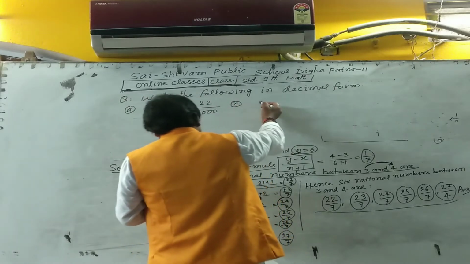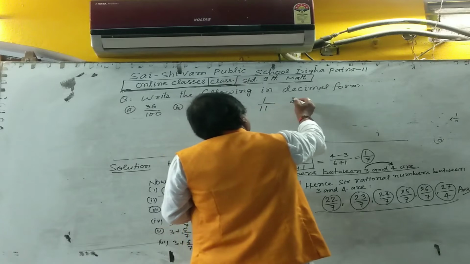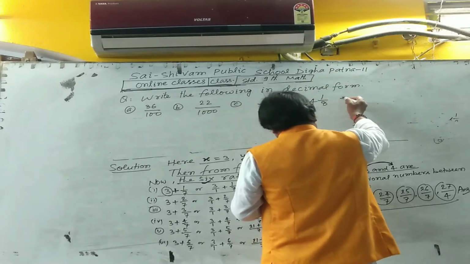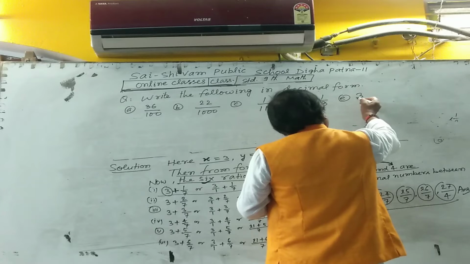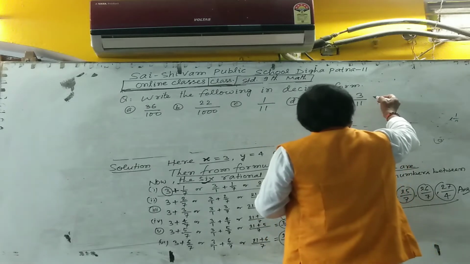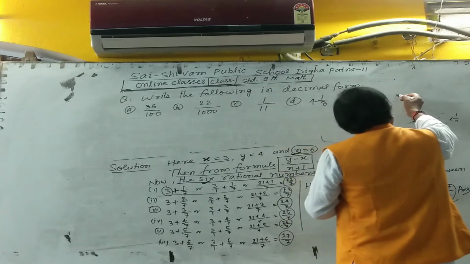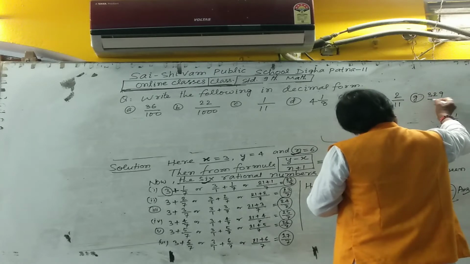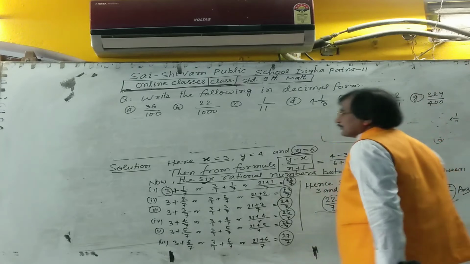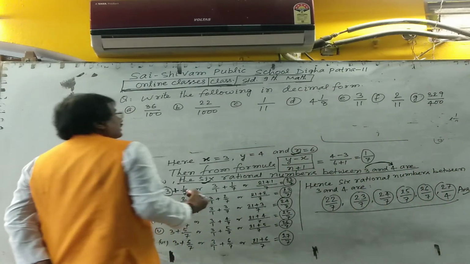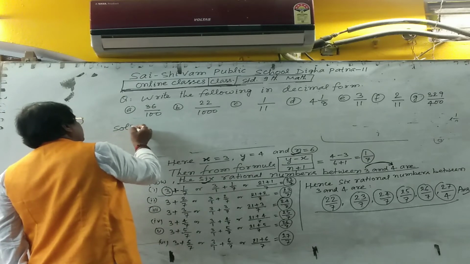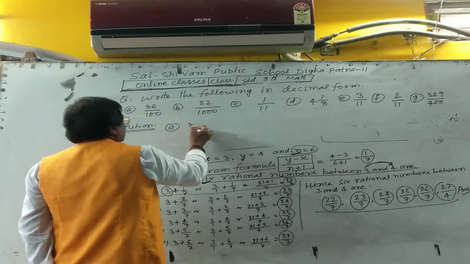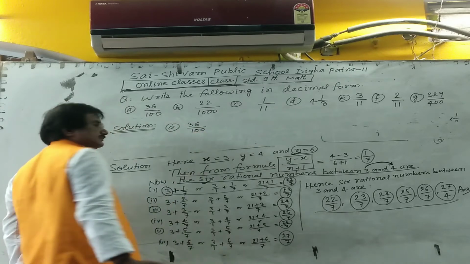C, 1 divided by 11. D, and so on up to F and G. Very simple questions. The first one is 36 divided by 100.